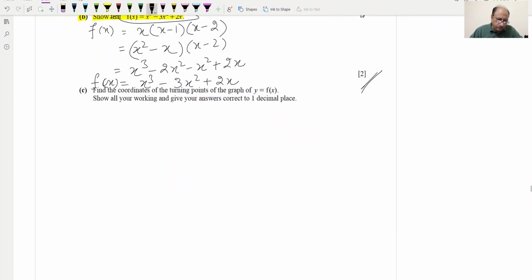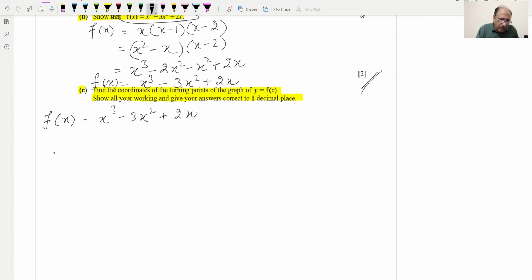Now part C: find the coordinates of the turning points of the graph of y is equal to f of x. Show all your working and give your answer correct to 1 decimal place. We know f of x is x cubed minus 3x squared plus 2x, which we just calculated.